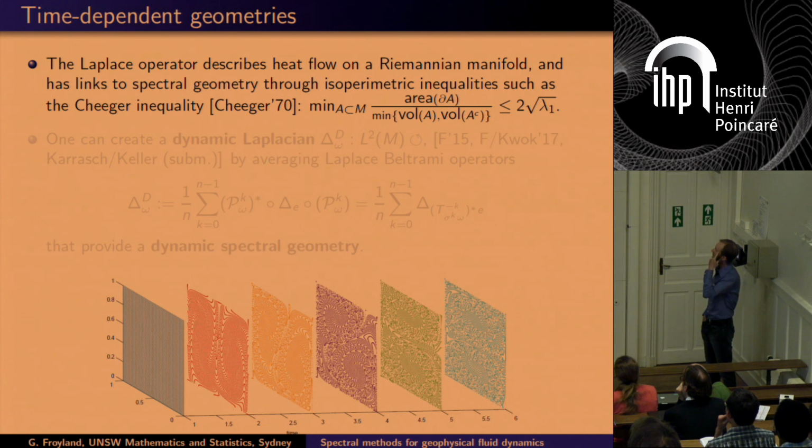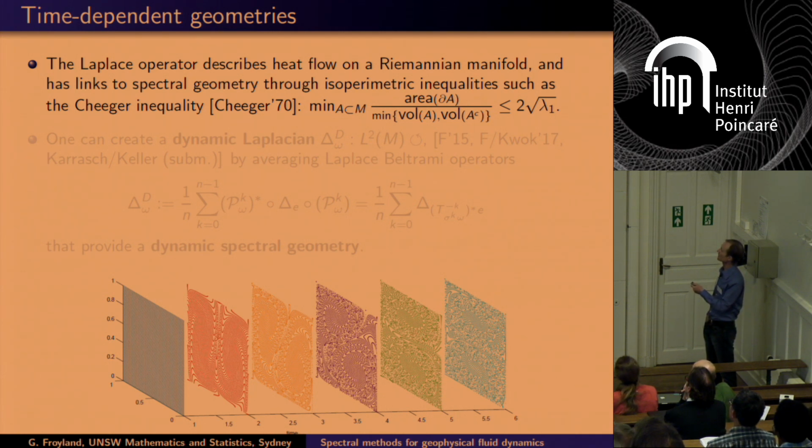Okay, so I'm going to use the Laplace operator, and so it's well known in differential geometry that there are strong links through spectral geometry between Laplace-Beltrami operators and the geometry of manifolds. Maybe the most well known is the Cheeger inequality.